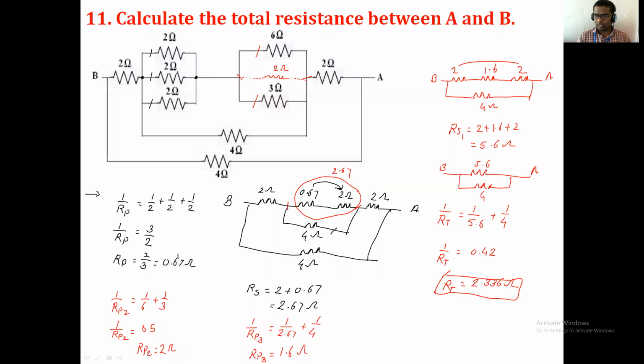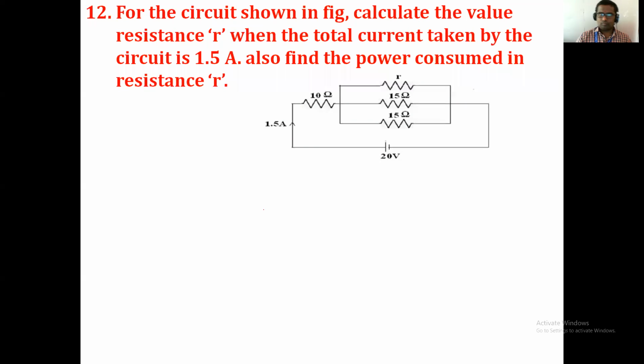Hope that everyone has written this example. So write down this example now.